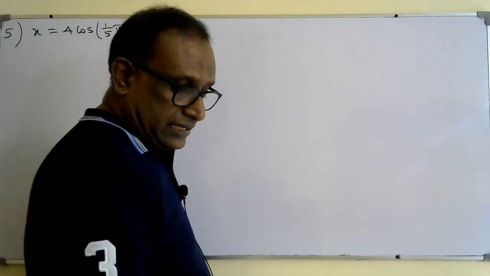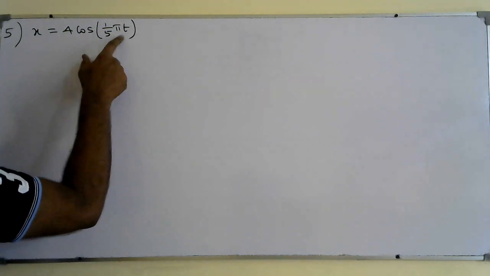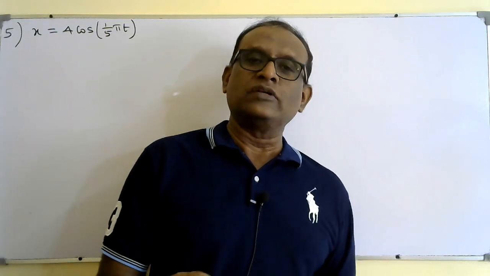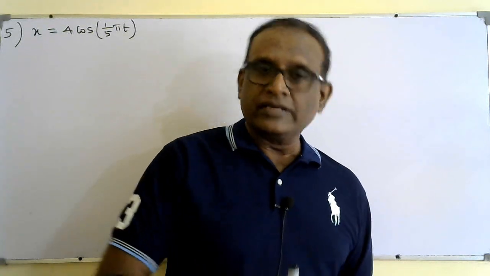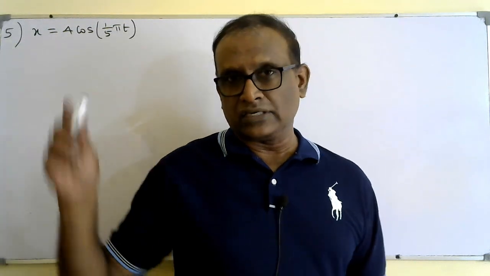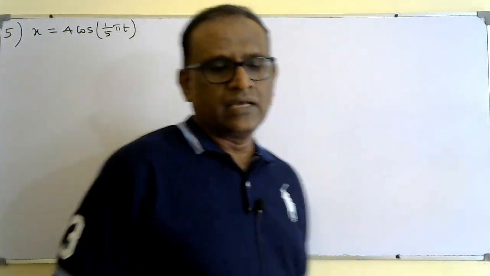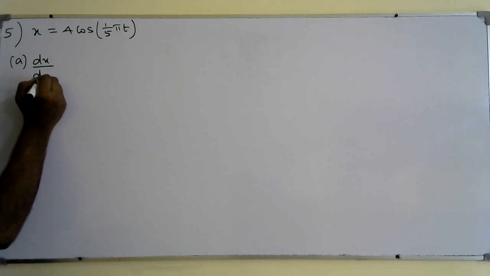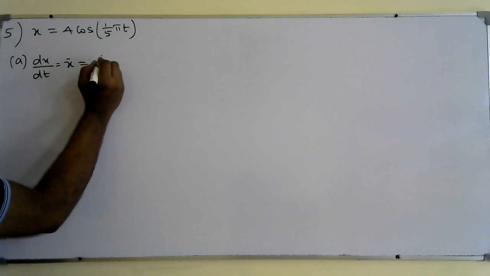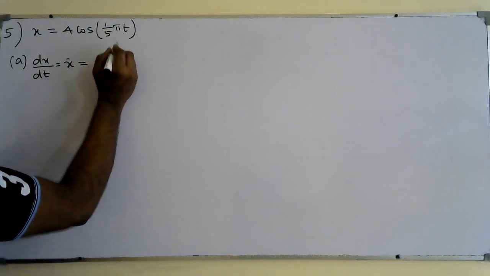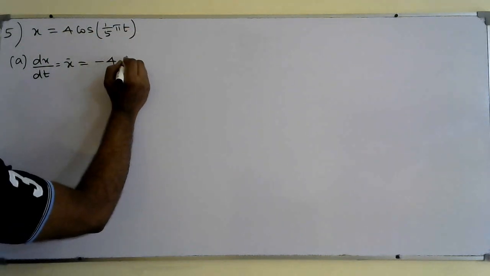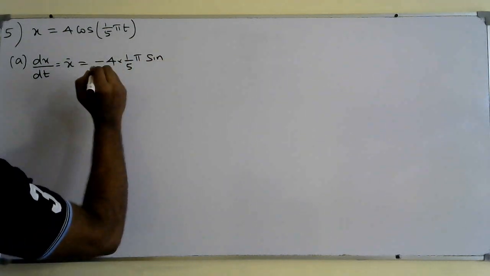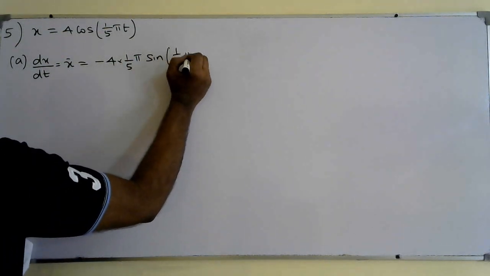So here the equation for the displacement with time is given. When you differentiate displacement with respect to time, you will get the velocity. When you differentiate again, the second derivative of displacement will give the acceleration. So dx over dt, normally denoted by x dot, is equal to minus 4 times 1 over 5 pi sine 1 over 5 pi t.